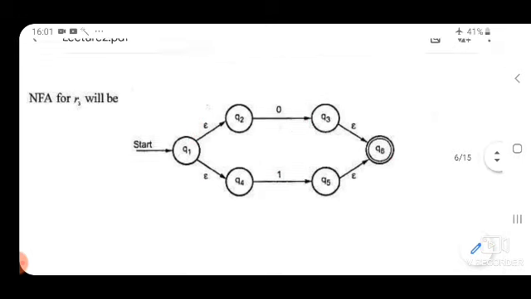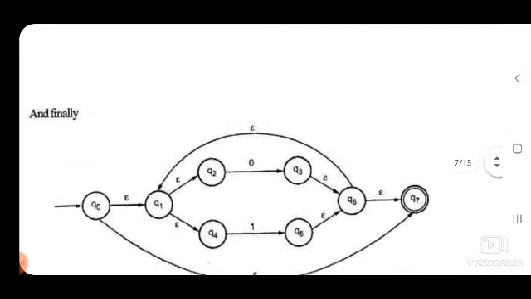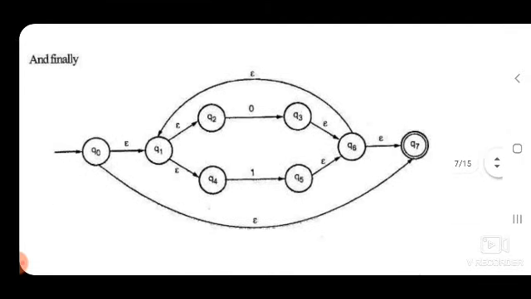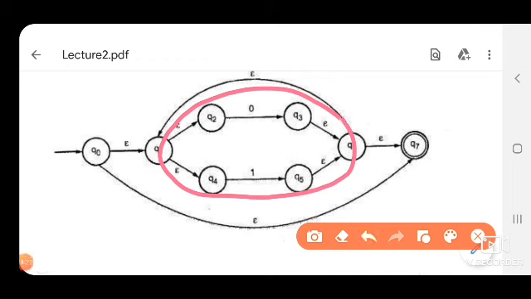So, we take help of R asterisk, as we studied earlier, the regular expression for R asterisk. This figure is for 0 plus 1, and this complete figure is for 0 plus 1 whole asterisk.